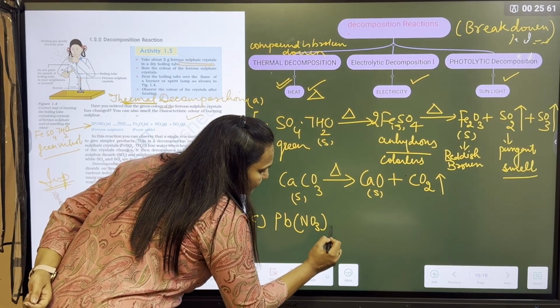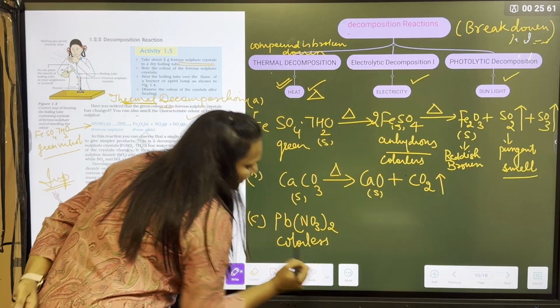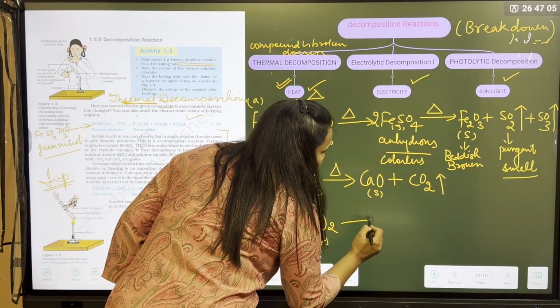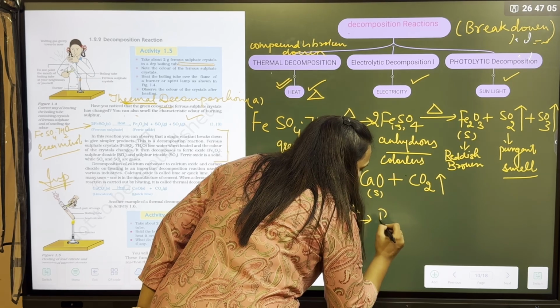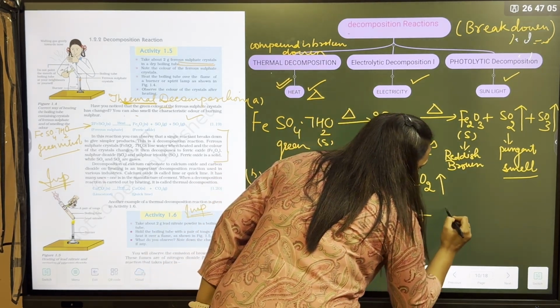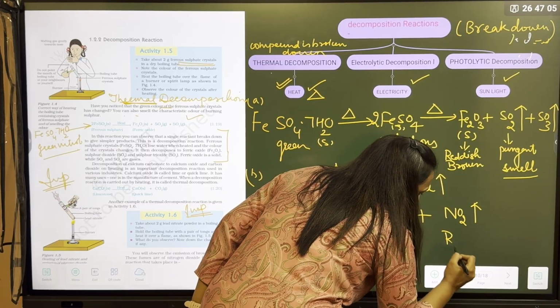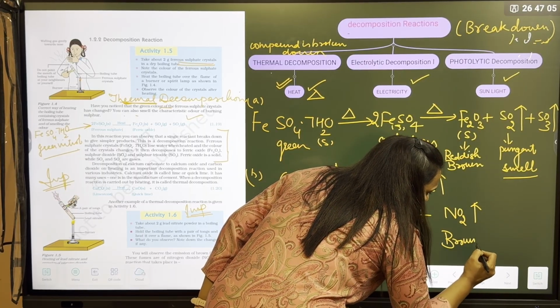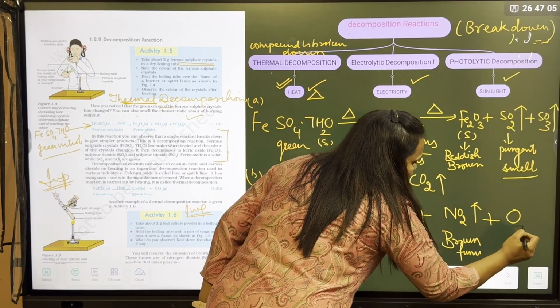Lead nitrate crystals are colorless. Please remember the color, colorless. So you heat it. When you heat it, what will it form? PbO, solid, plus NO2, brown fumes, plus oxygen.